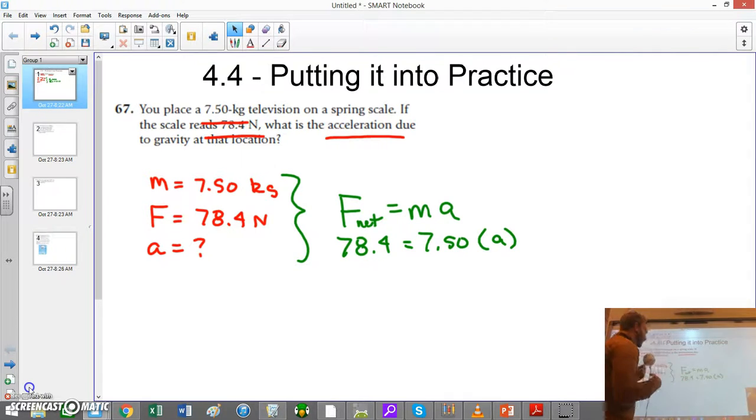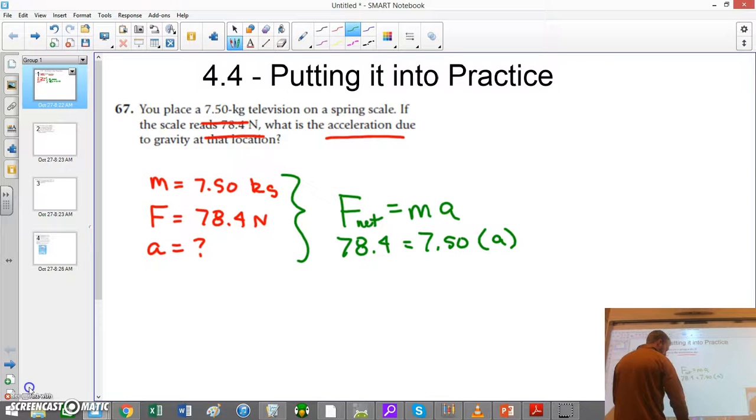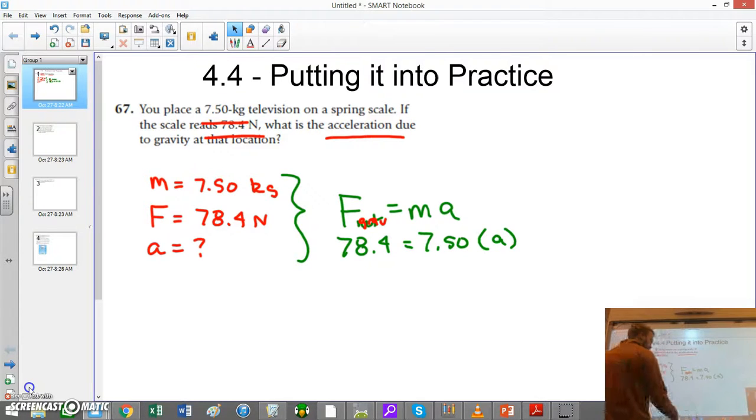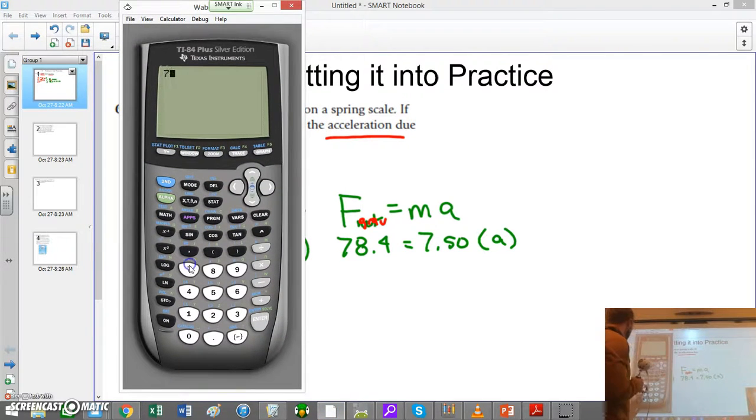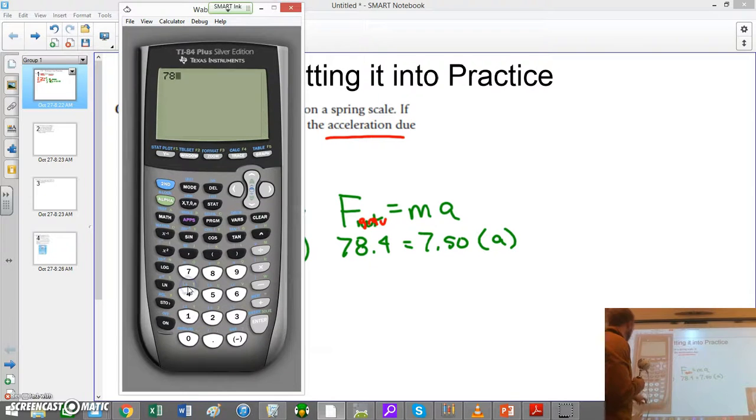So to find my force, well, I called it the net force, but I could also say the force of gravity equals the mass times the acceleration. I'm expecting it to be around 9.80, so let's give it a look-see here. 78.4 divided by 7.50 comes out to 10.5.